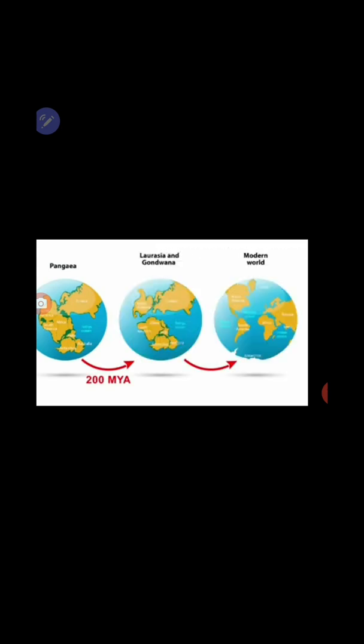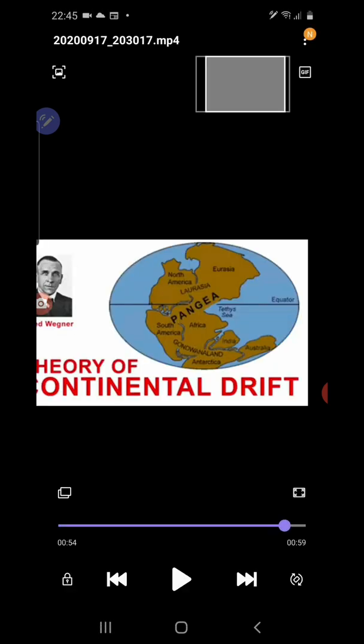So 2 million years ago only single continent Pangaea, then 2 continents Laurasia and Gondwana land, and then they formed all the 7 continents. This theory is called the continental drift theory, proposed by Alfred Wegener. Accordingly, continents are drifting.